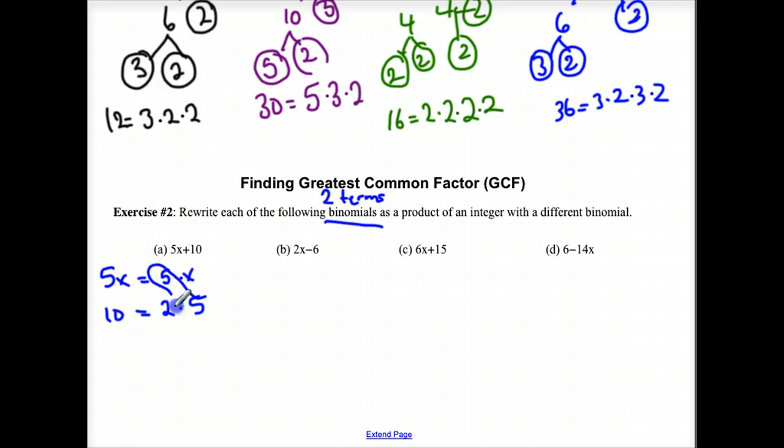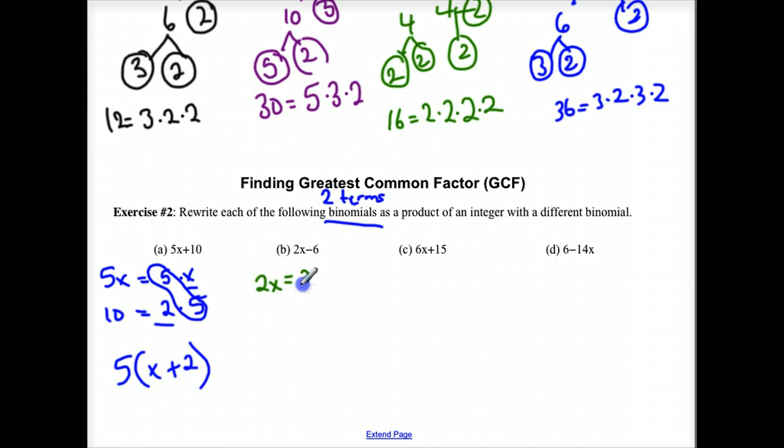They have a 5 in common, so I take that out, and then what's left over? I have an x, and the plus is because it's plus up here, and then a 2 is left over. So this is when I rewrite it in terms of finding the GCF. I pull out what they have in common, and then I look for what's left over.